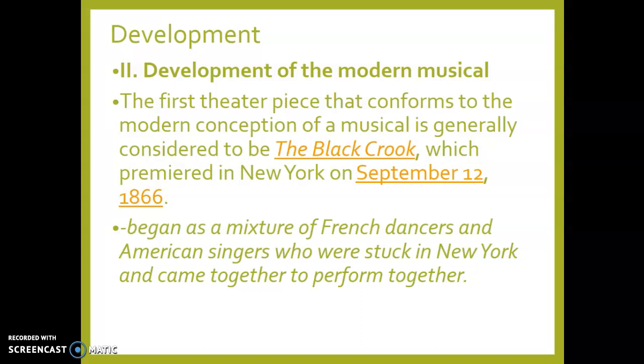And they had time where they had to wait before they could leave and move on to their next performance or activity after that. And being stuck in New York, they had a few weeks together and apparently had time on their hands because they came together and they created a stage piece. They created kind of a musical play. And this play incorporated the elements of what we know to be the modern musical. It occurred in 1866 in New York, and it was called The Black Crook.